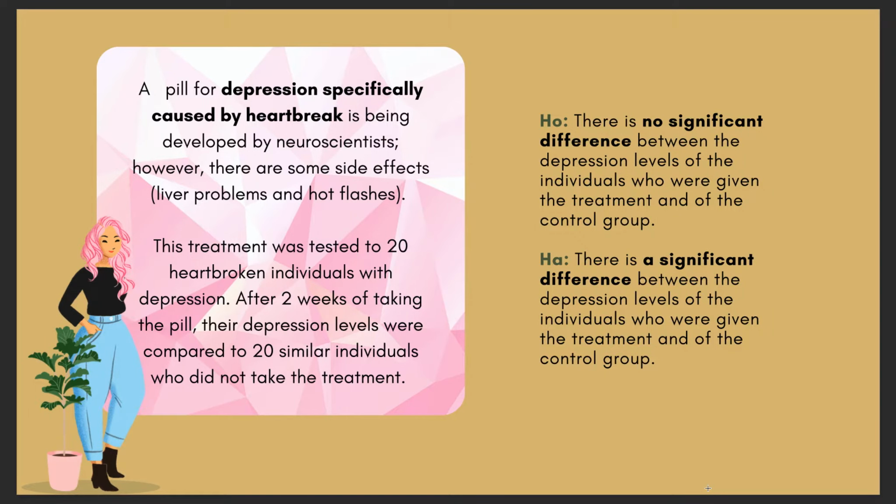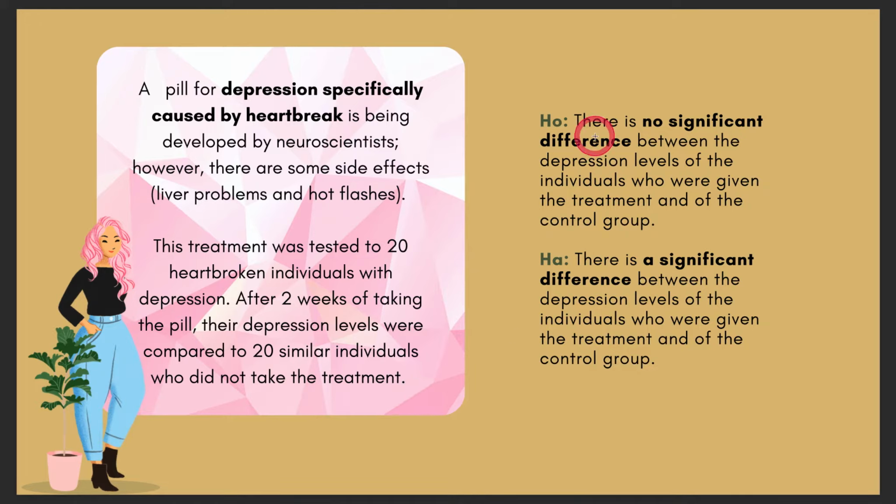To review, this is the context of the study. A pill for depression specifically caused by heartbreak is being developed by neuroscientists. However, there are some side effects, such as liver problems and hot flashes. This treatment was tested on 20 heartbroken individuals with depression. After 2 weeks of taking the pill, their depression levels were compared to 20 similar individuals who did not take the treatment.